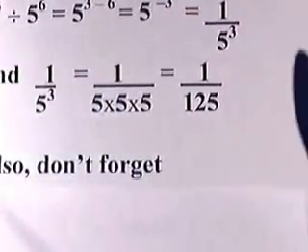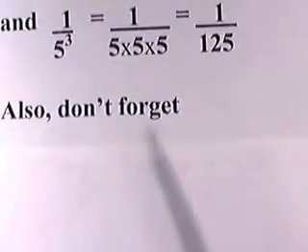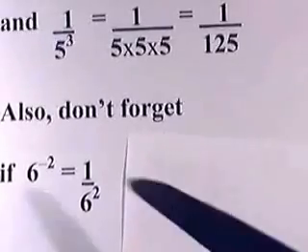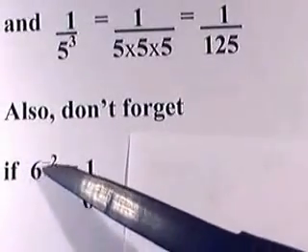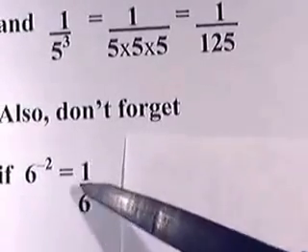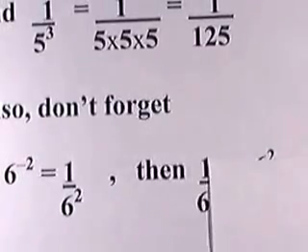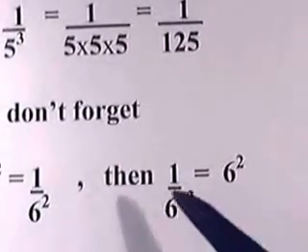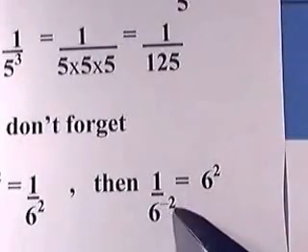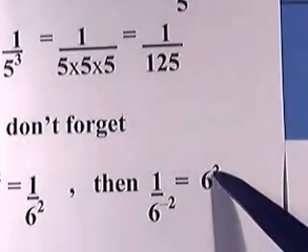Also, don't forget that if you can say that 6 to the power of minus 2 is another way of writing 1 over 6 to the power of 2, then it's also true that 1 over 6 to the power of minus 2 is the same thing as 6 to the power of plus 2.